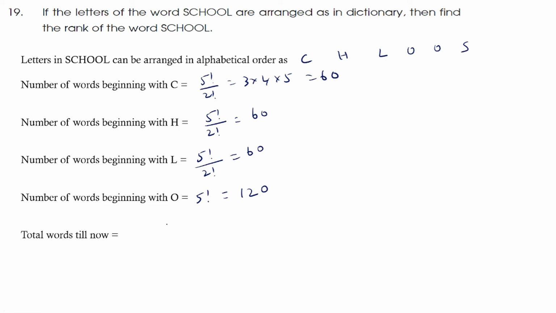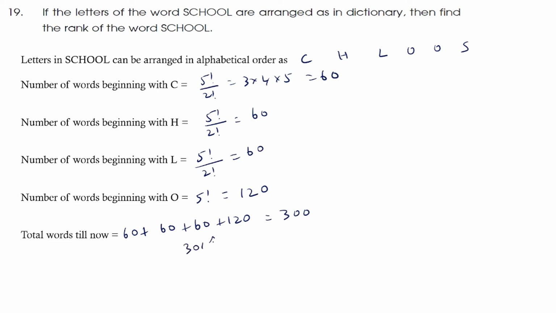So total words till now is 60 plus 60 plus 60 plus 120. So this is equal to 300. So 300 words are completed till now.